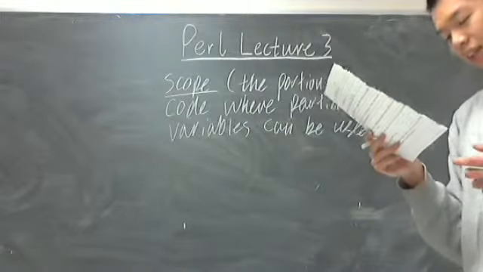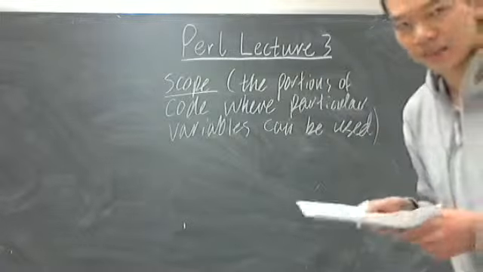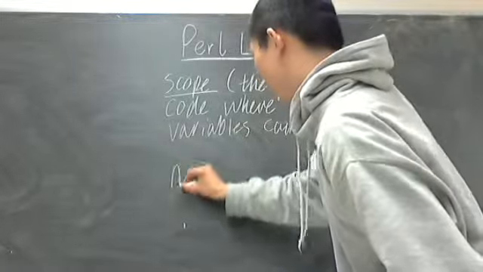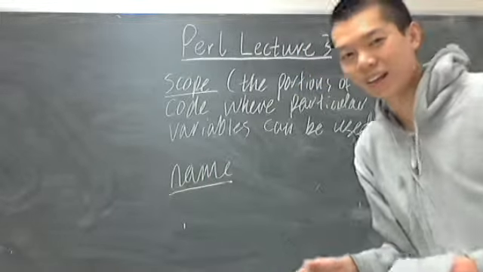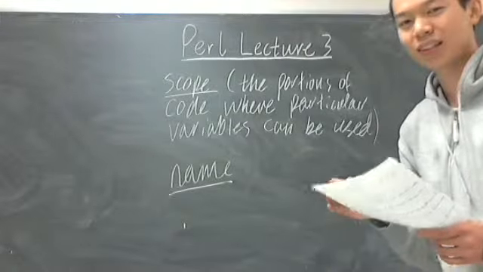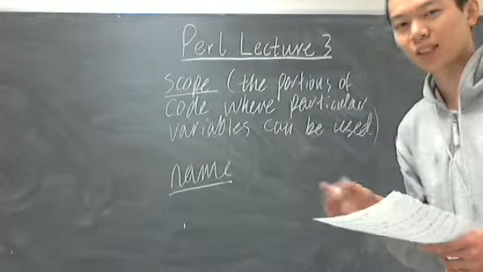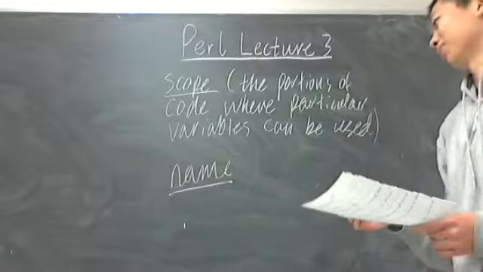Now, the last thing I want to define is a name. I'm sorry, I'm just throwing jargon at you, but as much as I hate jargon, it's really hard to continue later on in CS if you don't know what basic stuff means.